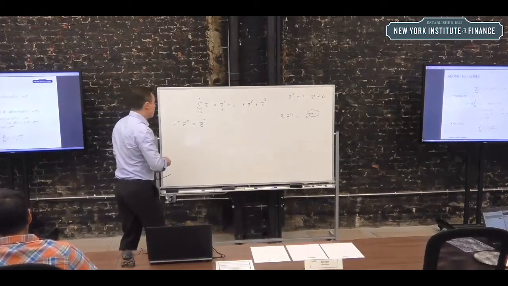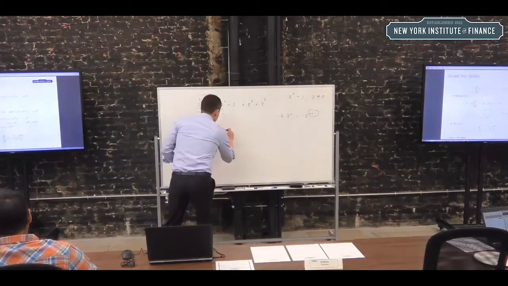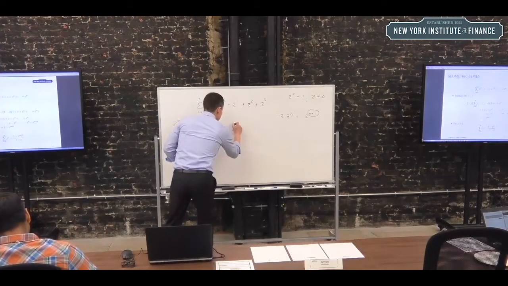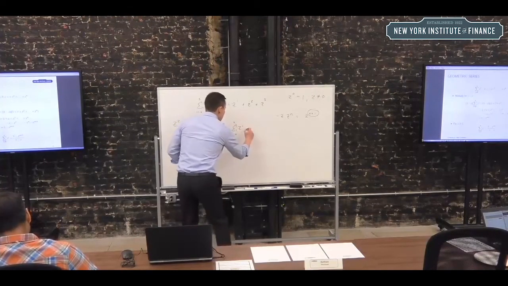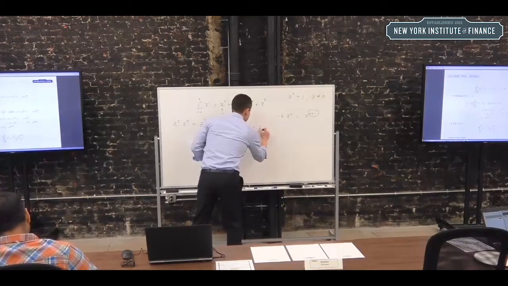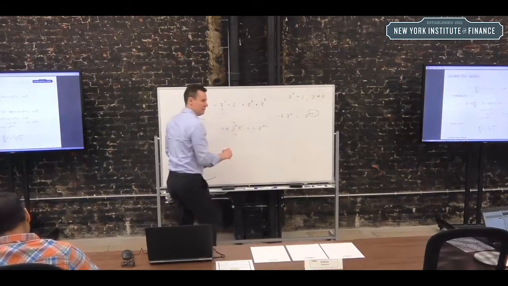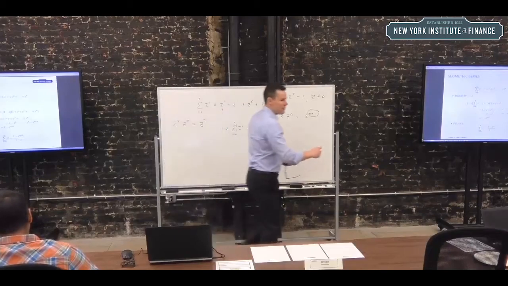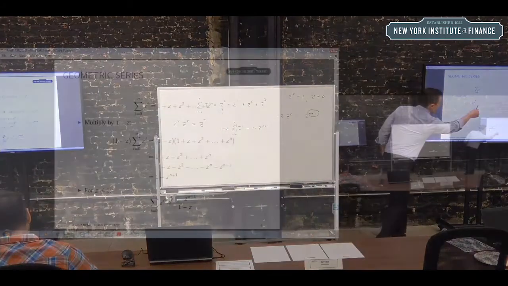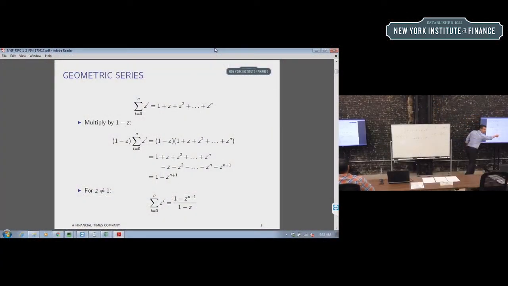So again, the important thing to remember is, what have I got here? I've got 1 minus z times the sum from i equals 0 to n of z to the power i, equal to 1 minus z to the n plus 1. That's what I've got when I get to the end of the third equal sign, I should say, sorry. And then I'm saying, but I want an expression just for the sum.